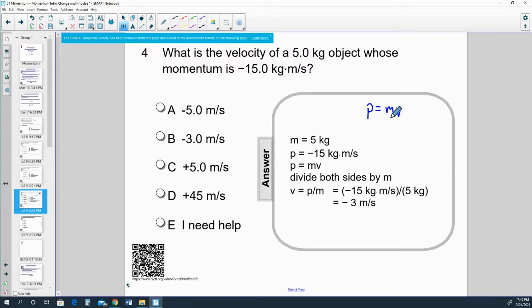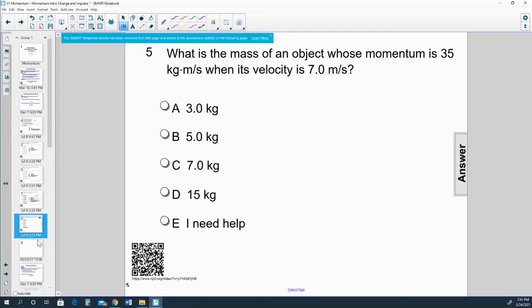However, we are solving for velocity, so when you divide by mass on both sides, you end up with velocity equals momentum divided by mass. So negative 15 divided by 5 gives you negative 3 meters per second. What is the mass of an object whose momentum is 35 kilograms times meters per second when its velocity is 7 meters per second?